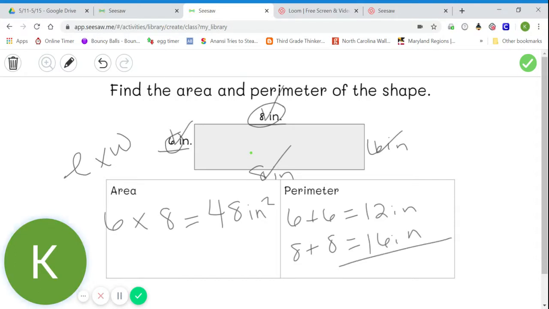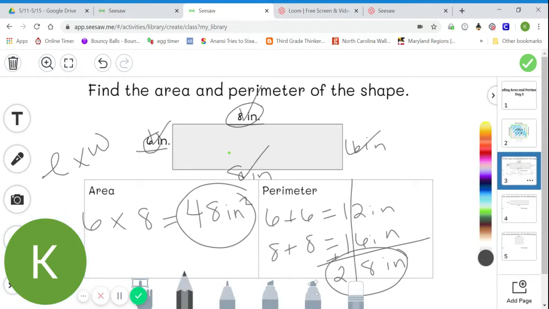Now I can combine 12 and 16. 2 ones plus 6 ones is 8 ones. 1 ten plus 1 ten is 2 tens. So my perimeter is 28 inches. My area is 48 inches squared.